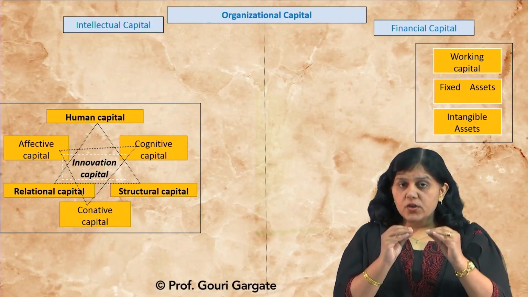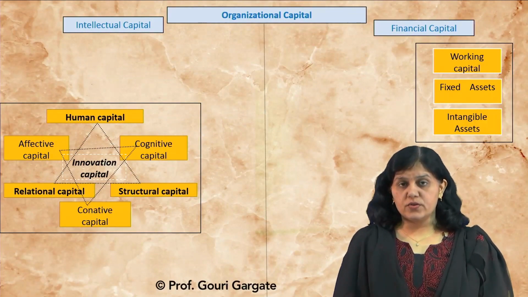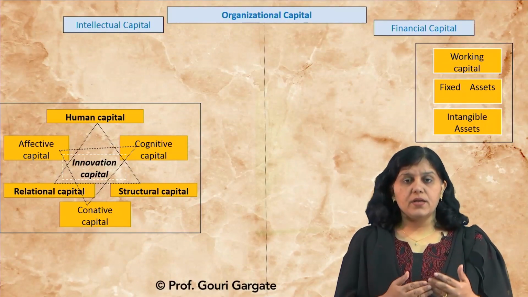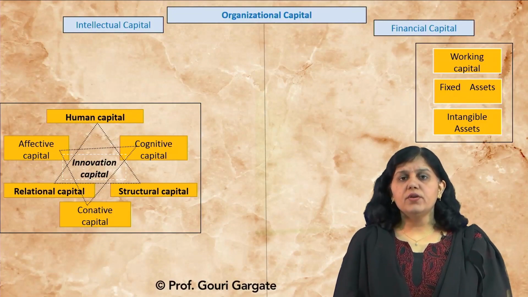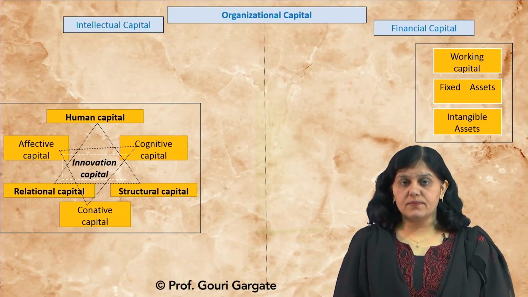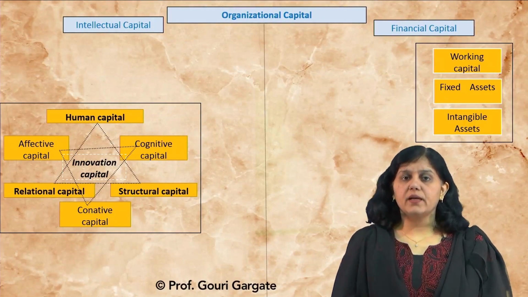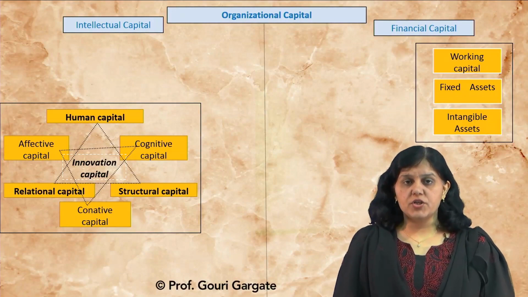Instead of an organization, you can just consider yourself as an individual also. You can apply it to an individual, to your lab, to your institute, to your organization. Wherever you are doing research, you can apply this model, or this complete research planning, right? So two parts are there: an intellectual capital and a financial capital.